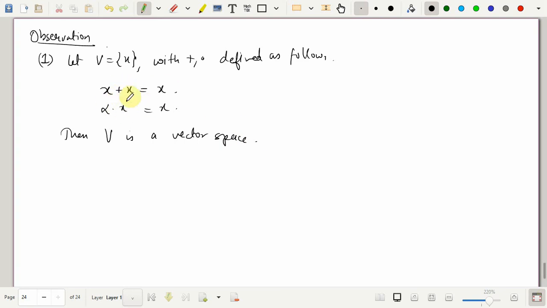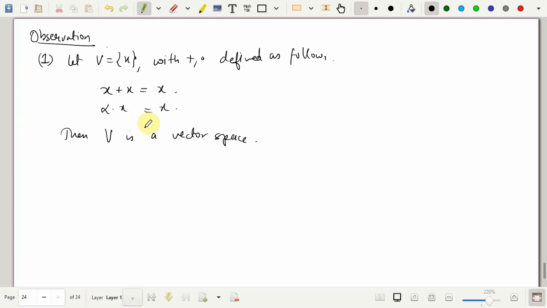This x has to be a special element of V. I can consider this x as a special element, and the other x as any element of V. So x plus that special element gives me x, which means that this x plays the role of the additive identity element, right?